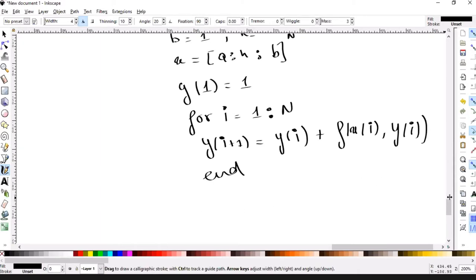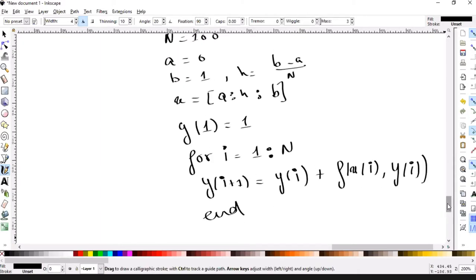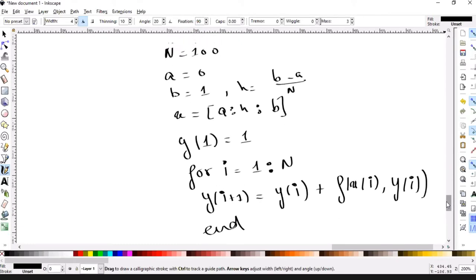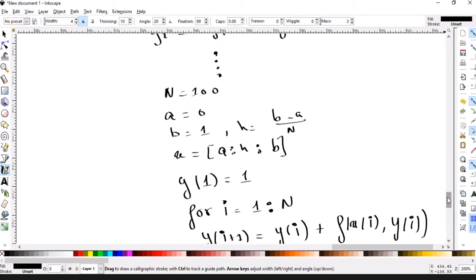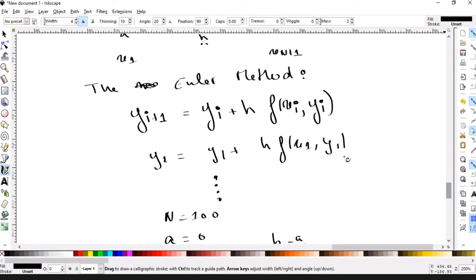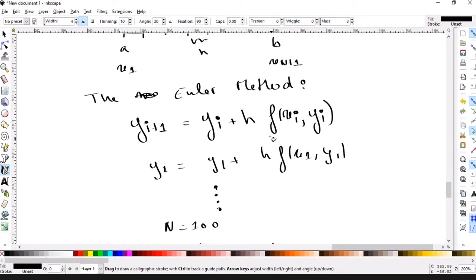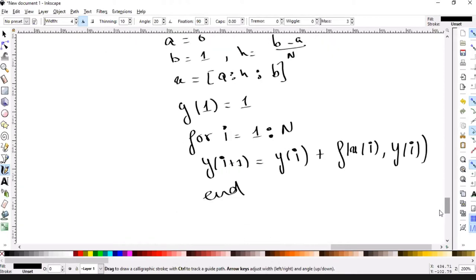You can plot x, y, and you get your function. So this is a direct method, where y i plus 1 depends only on the previous points: y i plus h f of x i, y i.